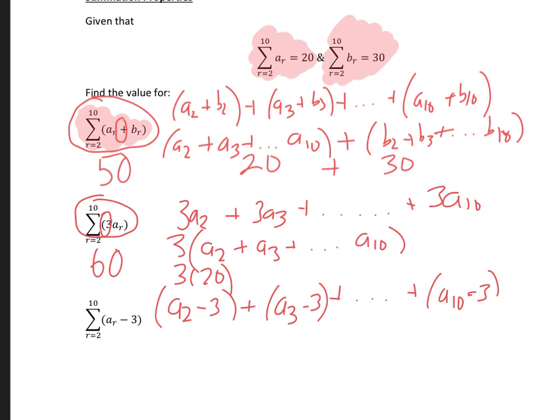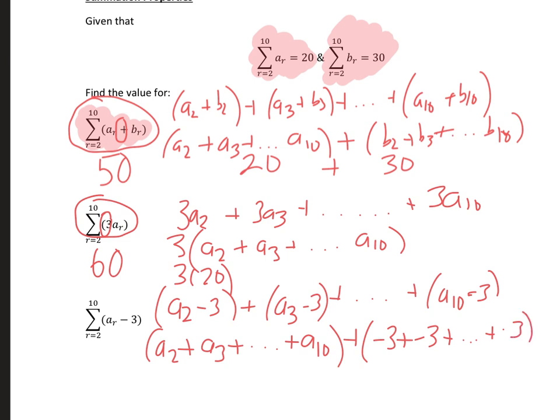Okay, this one, I want to see if you can guess what the answer might be. So you might think I just take away 3 from 20. However, I hope we can spot that's not the case. So I could do all the A's together, so A2 all the way up to A10. But in terms of the minus 3's, I can put them together as well. I'm going to have more than one minus 3.